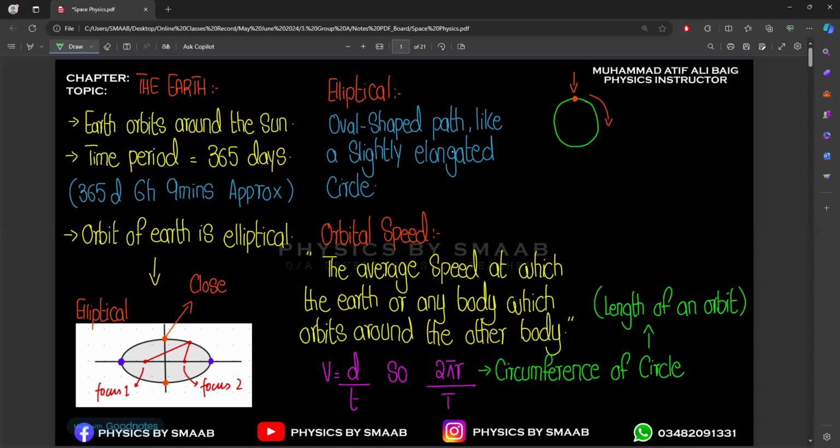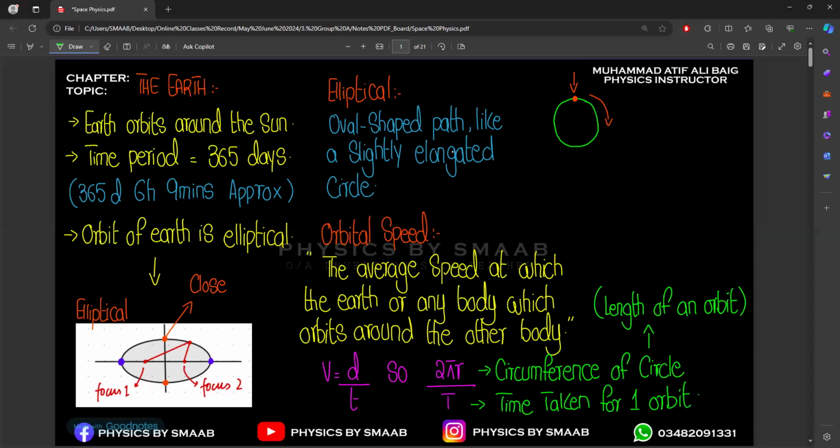And this capital T represents the time taken for one complete orbit around the sun. So, time taken for one orbit.